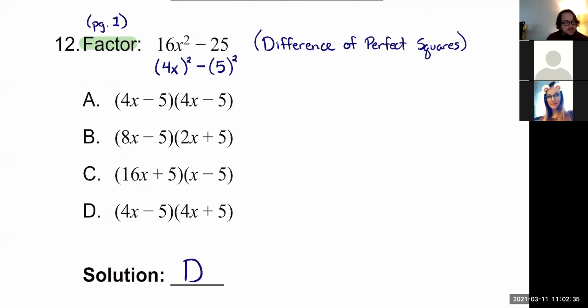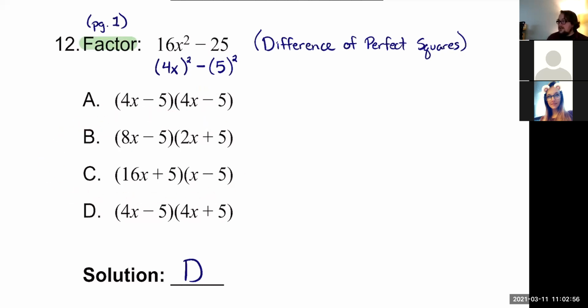Good. So the difference of perfect squares, it says that once you figure out what's being squared, you use those in both binomials, but one of them has to be positive or addition. One of them has to have subtraction. A doesn't work because they're both subtraction. That would give you a trinomial if you were to multiply those together. Hopefully B and C are throwaways.